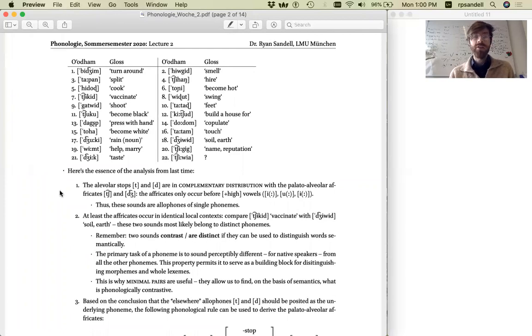So last time we found that the two alveolar stops, voiceless t and voiced d, were in complementary distribution with the palato-alveolar affricates ch and j.